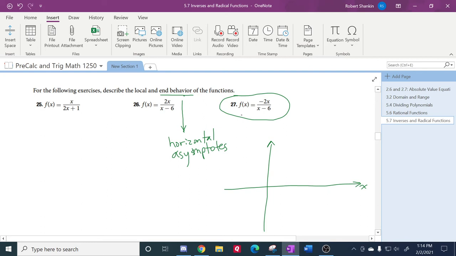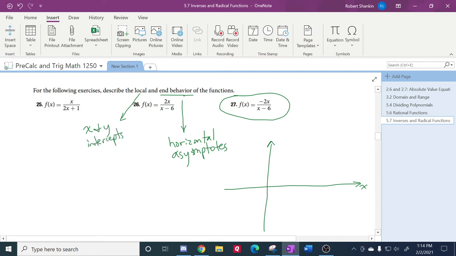Now, how we get to that in this particular problem, it gets a little tricky here. So let me save that. Now, the local behavior would be more like what happens in between the ends, the far right and the far left, and you have things like x and y intercepts.